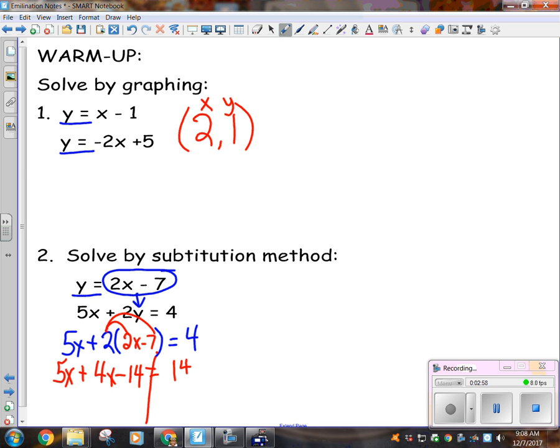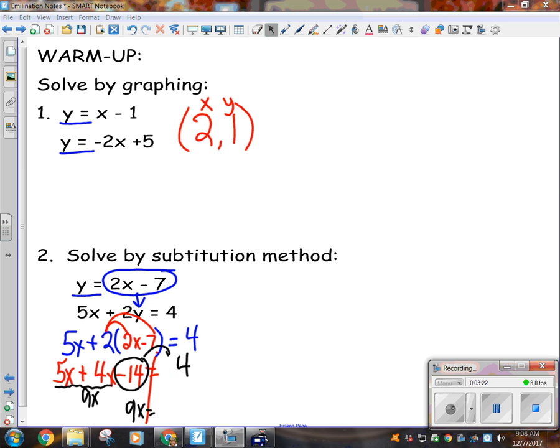This equals divides my problem into 2 sides. Like terms, what's 5x plus 4x? 9x. Negative 14 does not have an x, so I move it to the other side of the equation and it becomes positive 14. What's 14 plus 14? 28.